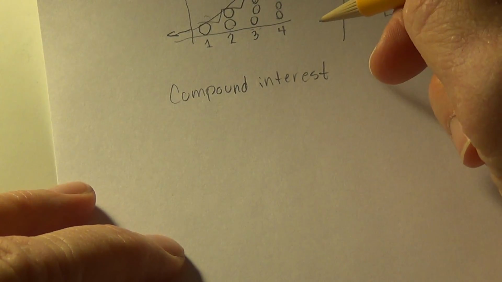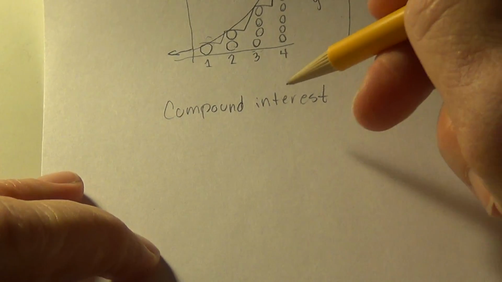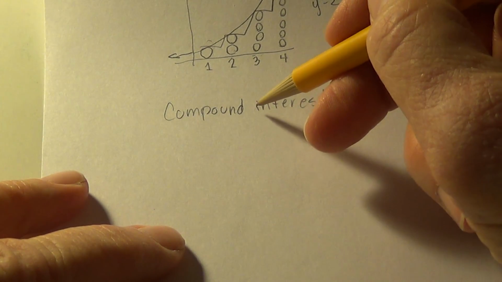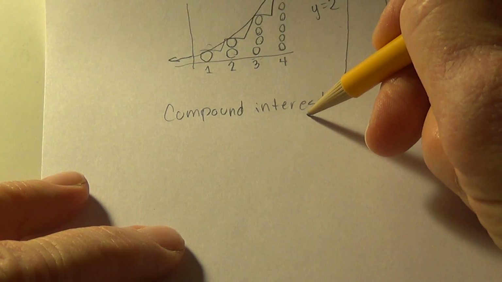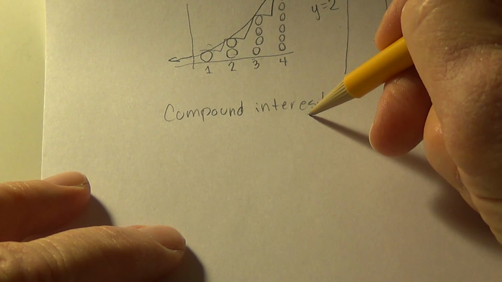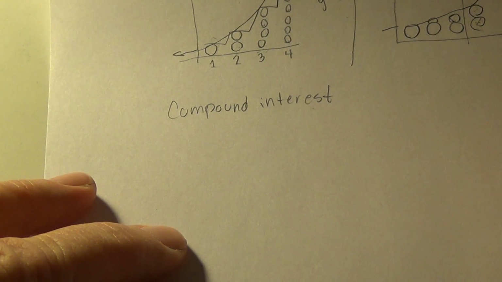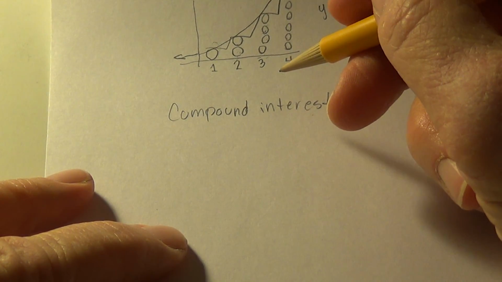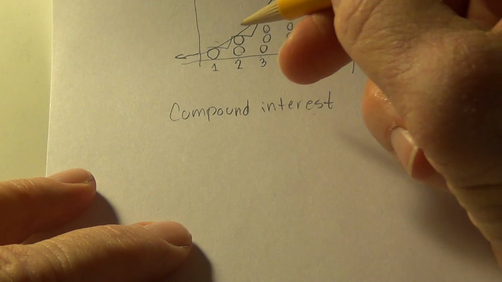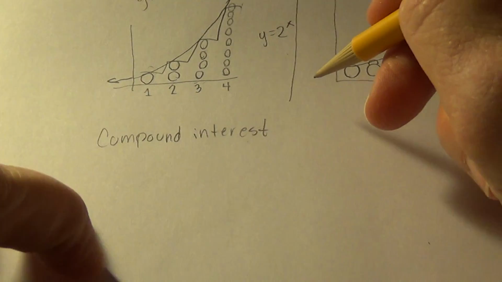All right, so we know when we put money in the bank that it will grow extra money by a certain percentage rate so many times per year. So we know that it will work like this.